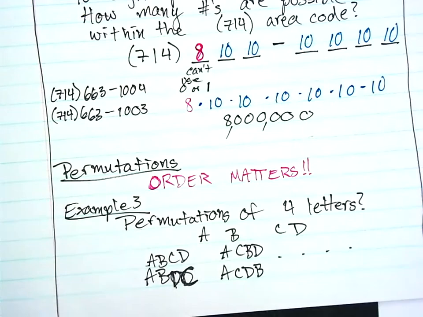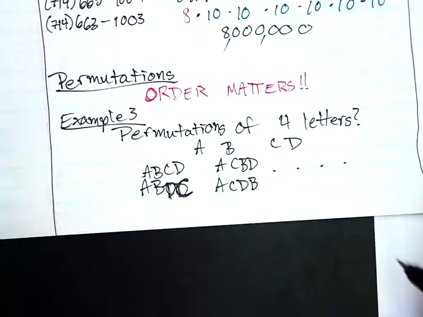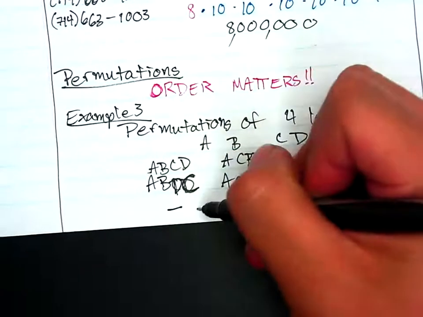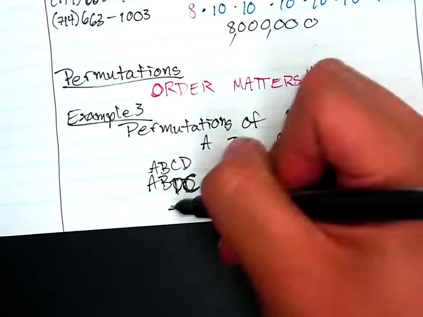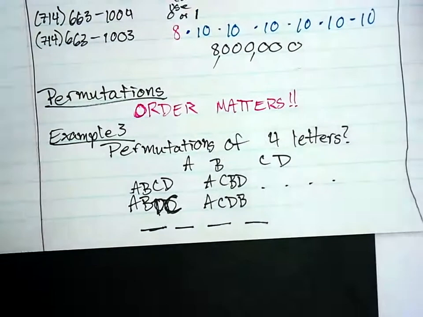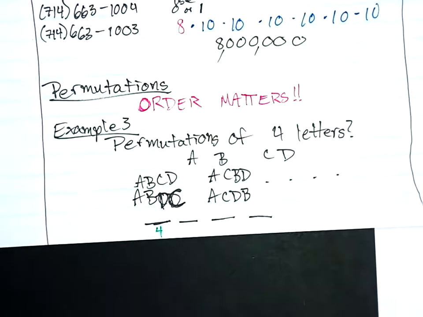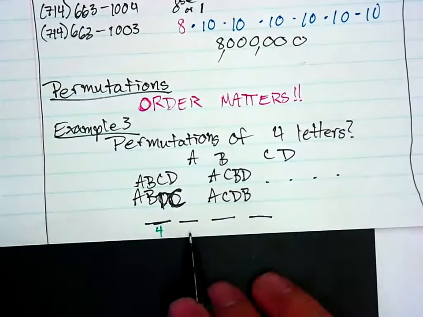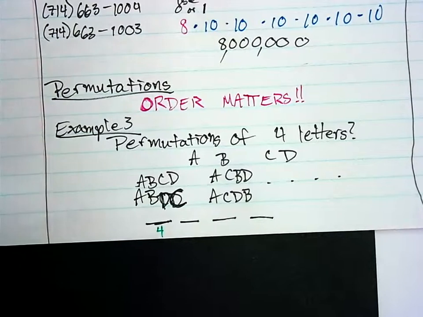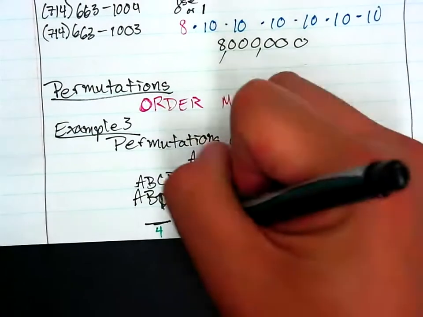And the way we do a permutation is that we think about each spot. I know I want 4 letters, and I want them organized in whatever way possible. For the first slot, I can choose from 4 letters. In the second slot, if I already chose A, I can only choose B, C, or D. So I have 3 choices there.